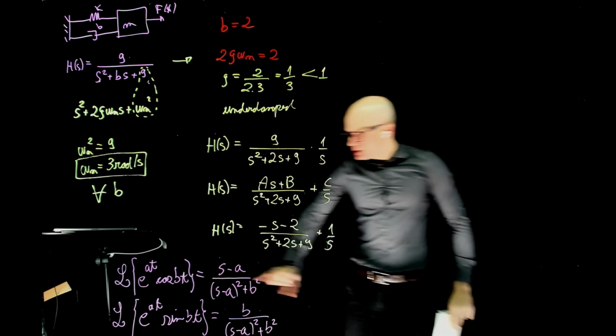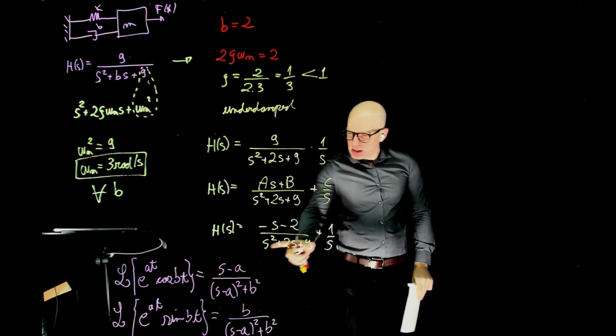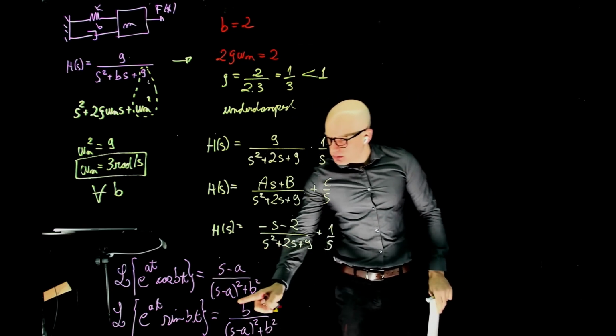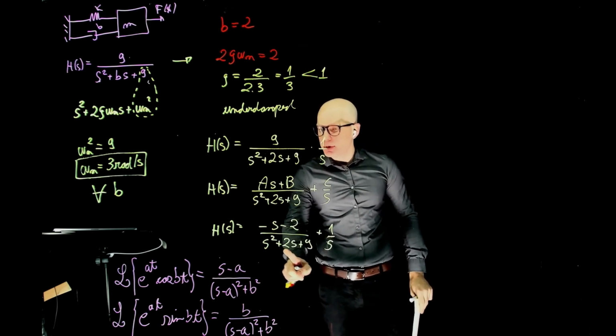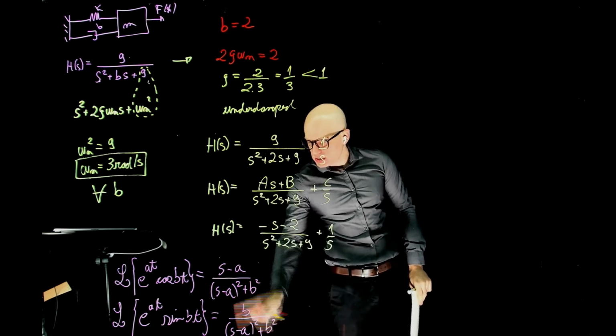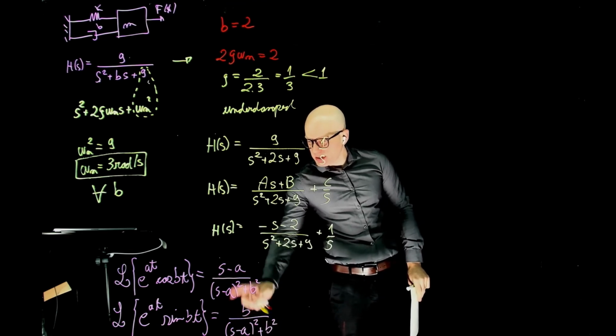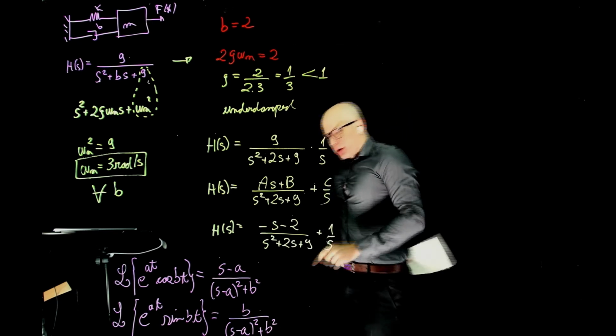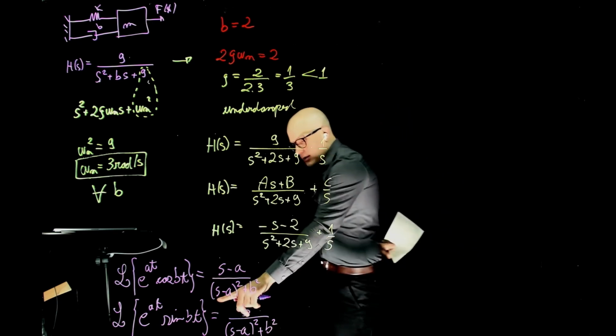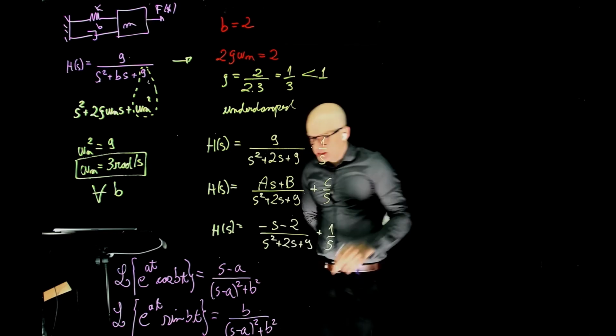And you see that these 2 are helpful because in the denominator, when you expand this, we have a second order function. Now we just need to prepare this function and then prepare the numerator as well. Now let's look at this. We have (s minus a) squared plus b squared.